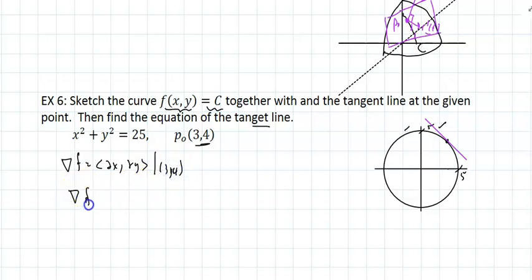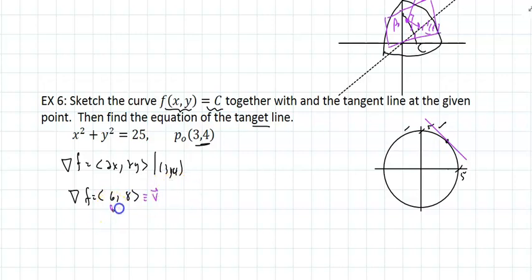That would be 6, 8. So if I take this, the equivalent of my normal vector, do you remember that? Again, it's not, but let's say that's what I'm assuming it is.